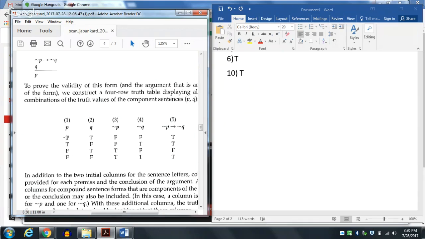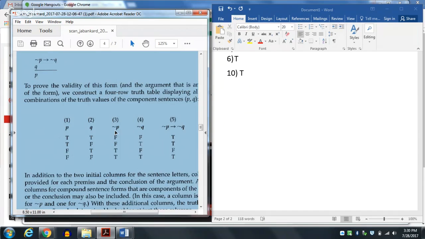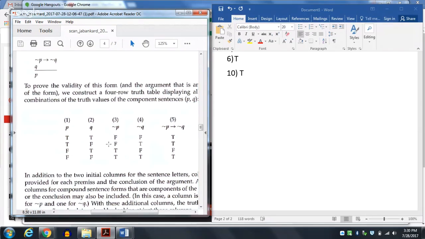So the first column is going to be true, true, false, false. The second column is going to be true, false, true, false. Okay, so now, how do we do it? We start there. We go to not P, row 1. If P is true, not P is false. Easy, right? We move over.